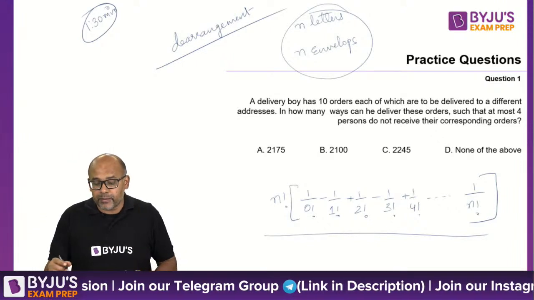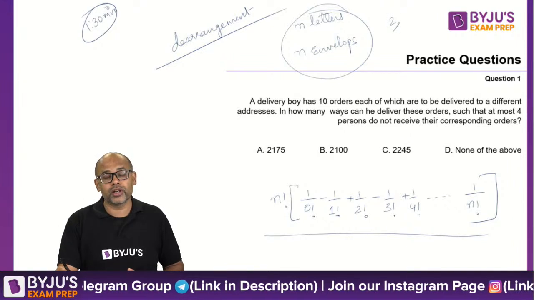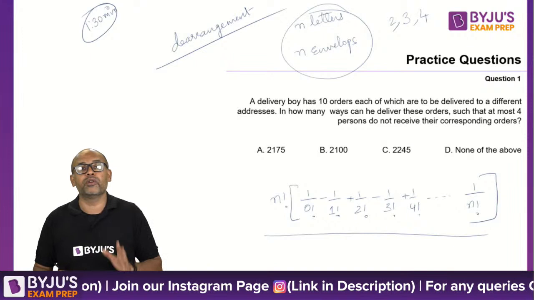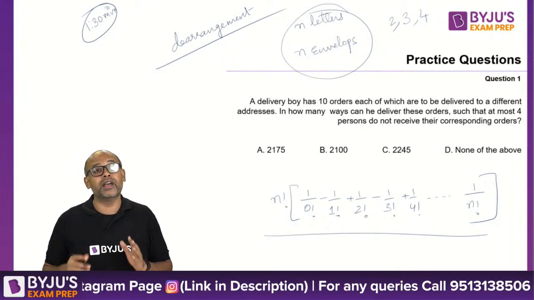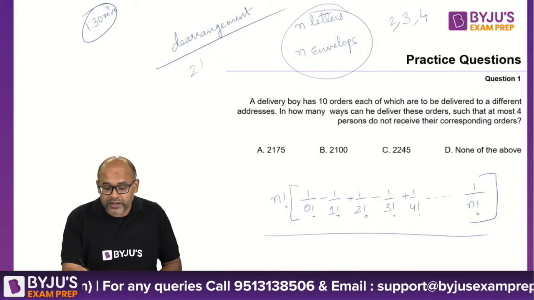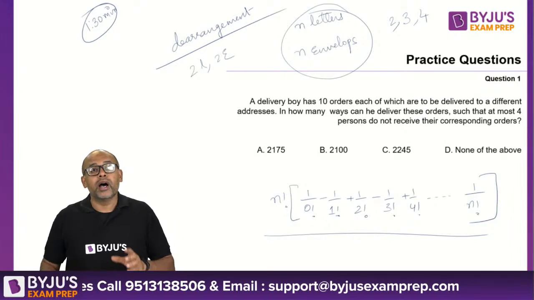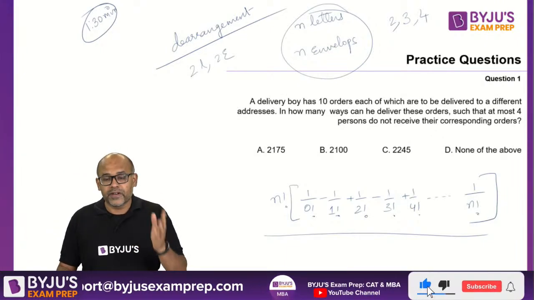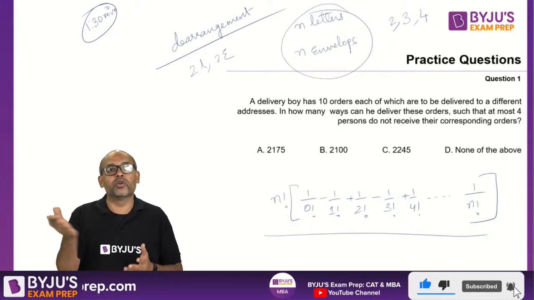You can typically remember the values for 2 things going wrongly, 3 things going wrongly, 4 things going wrongly. If you remember these 3, that will be good enough. You don't have to use the formula every time. If there are just 2 letters and 2 envelopes and both letters should go wrongly, there is only one way, correct? First letter goes to the second envelope, second letter goes to the first envelope.